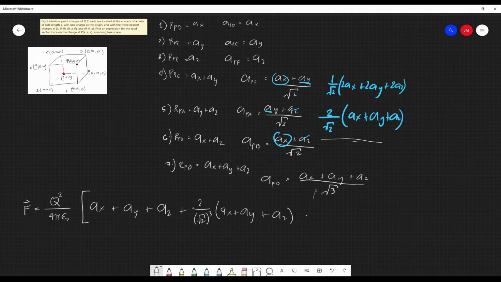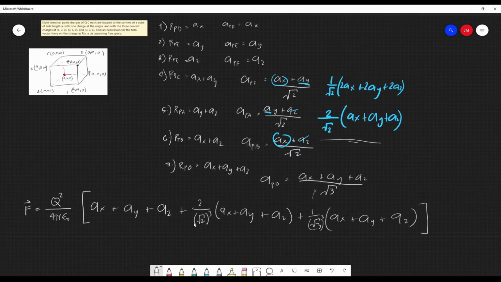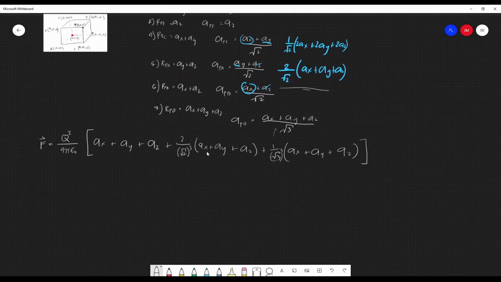Then let's put this here, plus 1 over root 3 cubed times (a_x plus a_y plus a_z). Now from here we can just factor everything out, so it'll be easier.